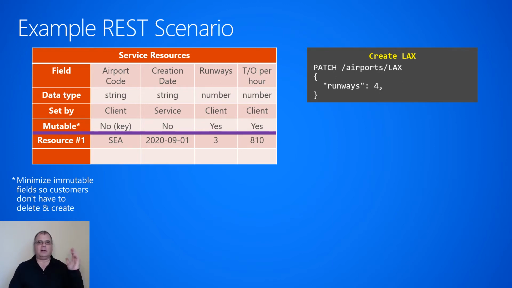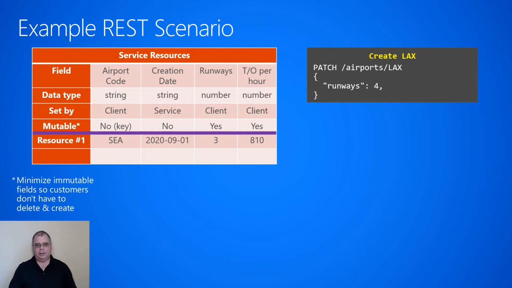Now let's say that a client wants to go and add another resource to this collection. So to create the resource, here we're going to create LAX, which is the Los Angeles Airport. I'm going to do a patch operation from the client to the airport's collection to create an entry whose key or identifier is LAX.